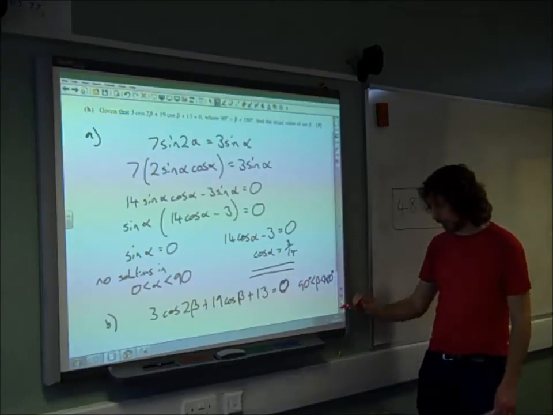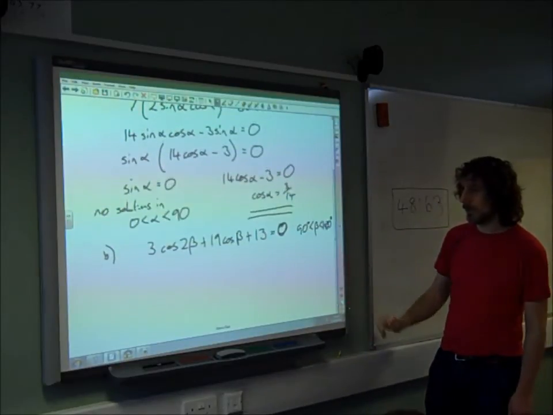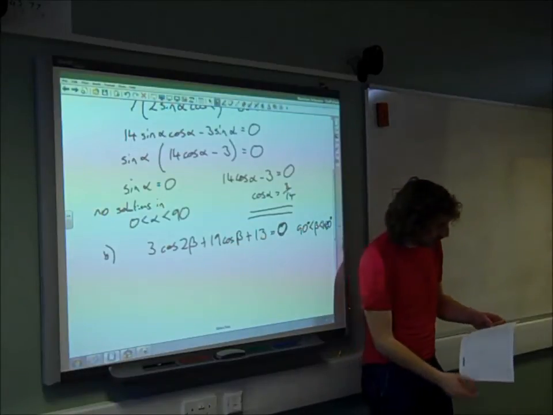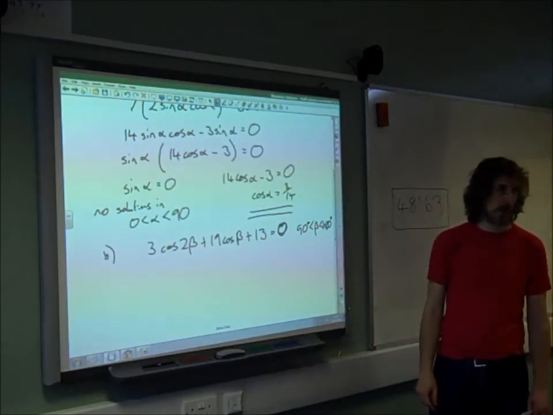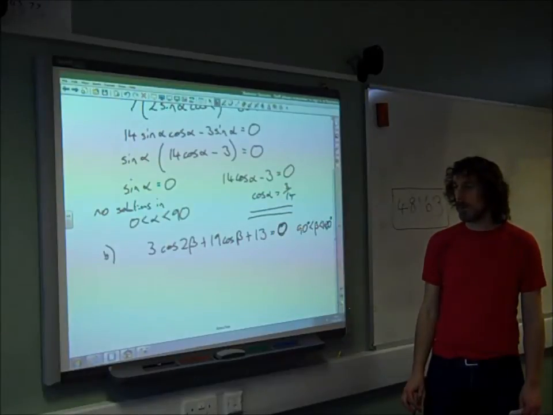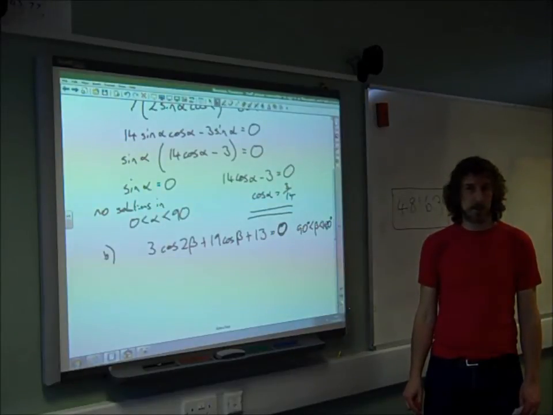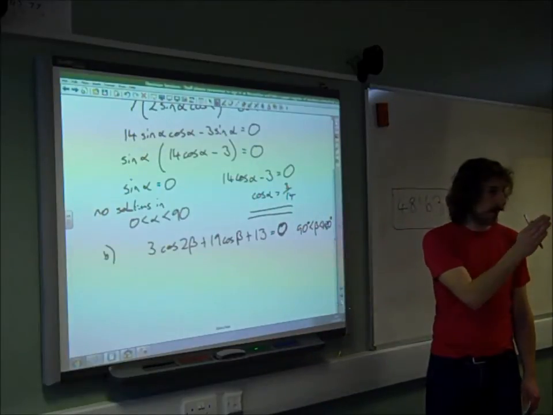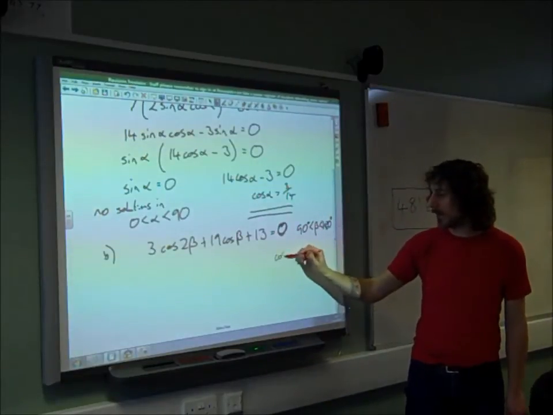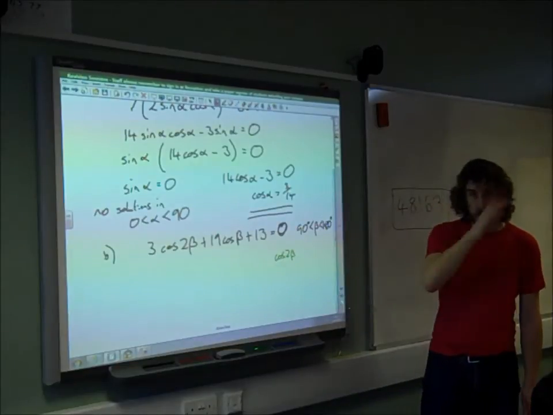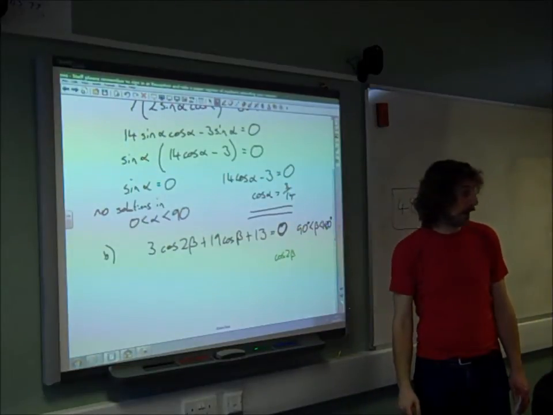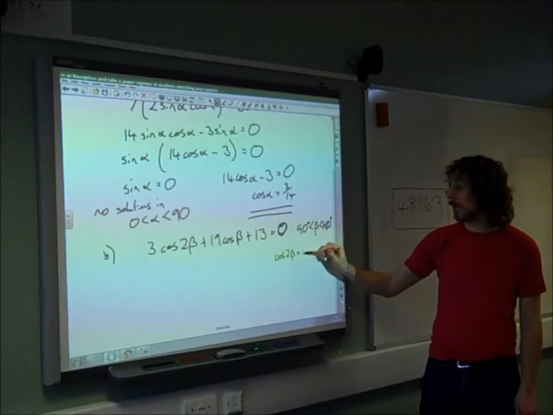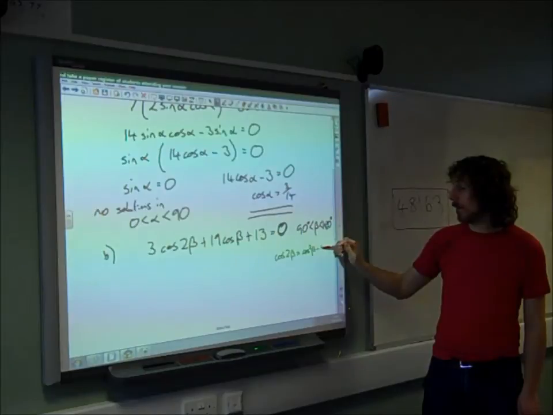Right. So what do we do with this? Well, again, we've got 2 beta and beta appearing, so we want to sort that out somehow. Cos 2 beta. Now we can either do this in 2 stages, or we can go straight there with this. Remember, the cos A plus or minus B identities tell us that cos 2 beta is cos squared beta minus sine squared beta.